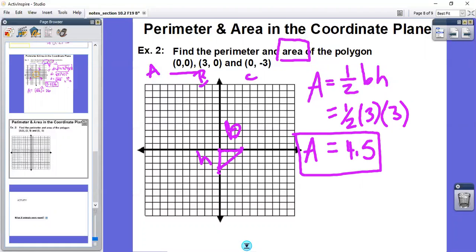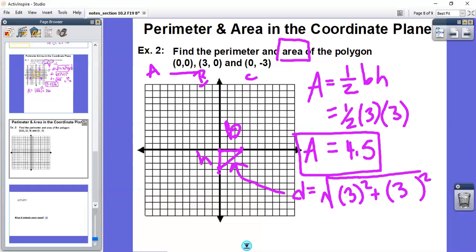And then I'm going to go ahead and find the perimeter. Now, we know that the base and the height are 3 already, so that part is fine. We just need to find this length here, that hypotenuse length, since it's a right triangle. So we can find that distance D using the distance formula. The change in x over that period is going from 0 to 3, so the change in x is 3, plus the change in y, which is going from -3 to 0.